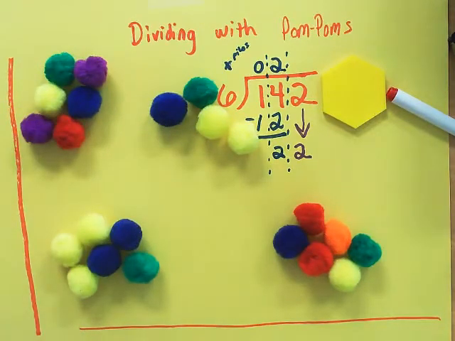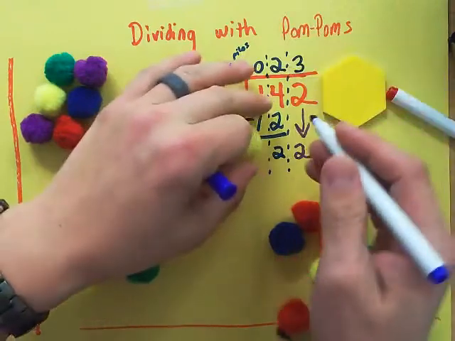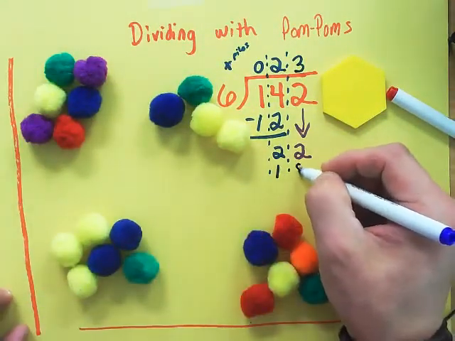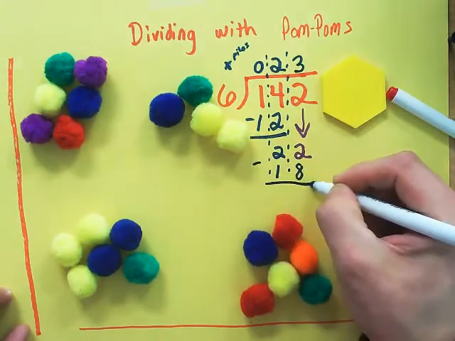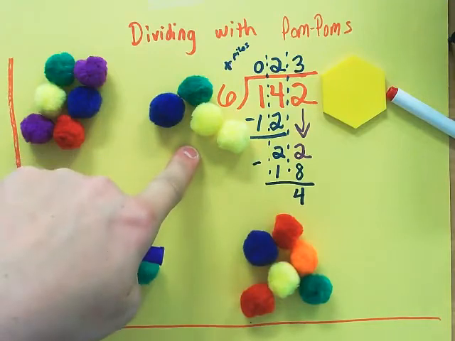Okay, so this is what I know. I got my 3 piles, 3 groups of 6, so 3 times 6. So 3 times my 6 was 6, 12, 18. And I'm going to subtract, and look at that. There's that remainder of 4.